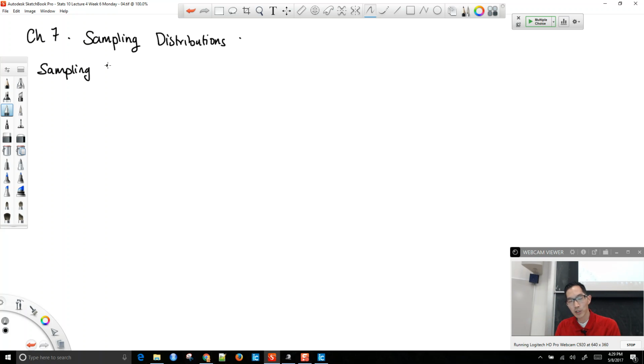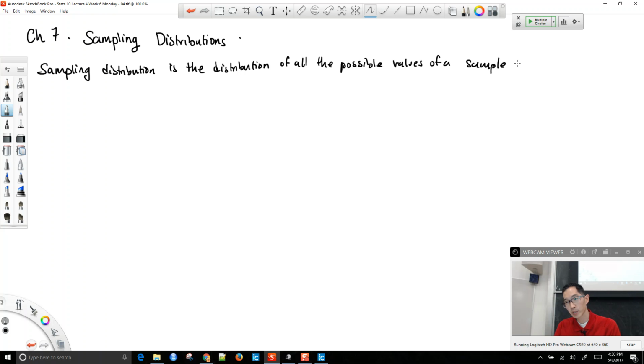A sampling distribution is the distribution of all the possible values of a sample statistic for, we'll say, random samples of a certain size.